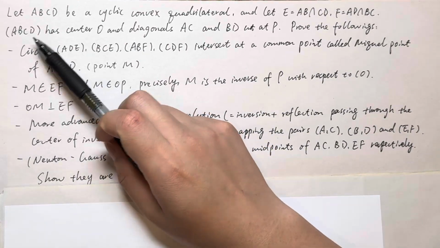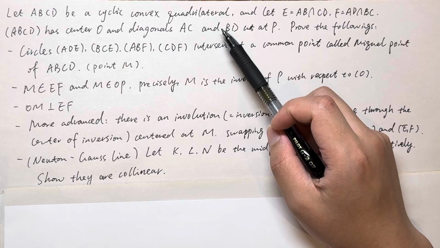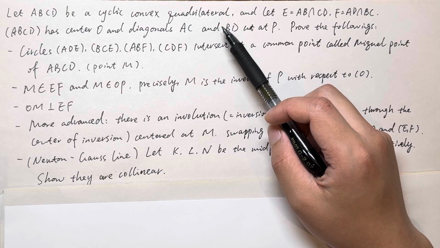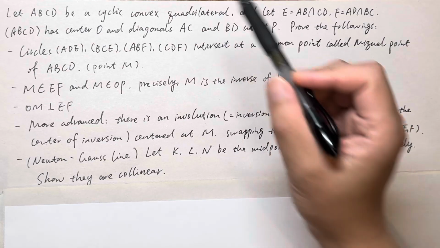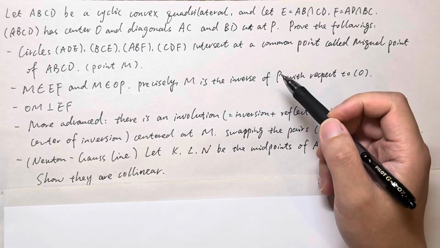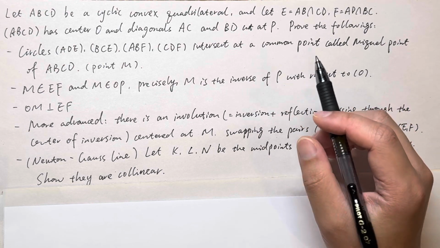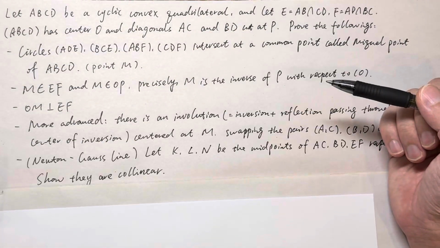It's saying let ABCD be a cyclic convex quadrilateral. So you should be very careful of the problem statement. Here, the most important word is cyclic, right? In most complete quadrilaterals, we do not force ABCD to be cyclic.